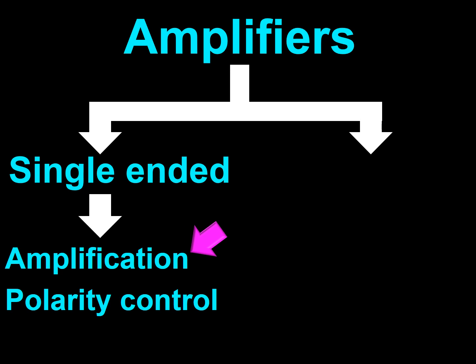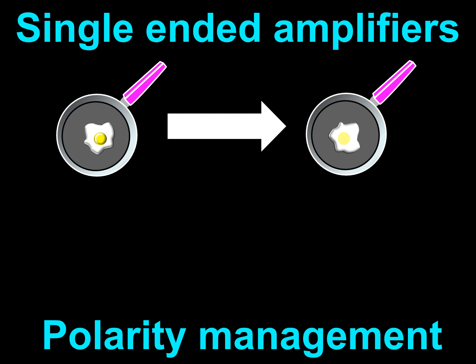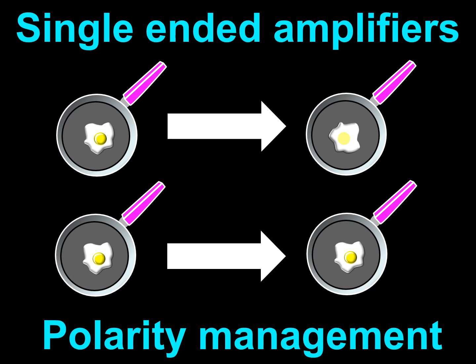In addition to amplification, the second function of a single-ended amplifier is polarity control. This function consists of inverting or not inverting the polarity of the output signal in relation to the input signal.